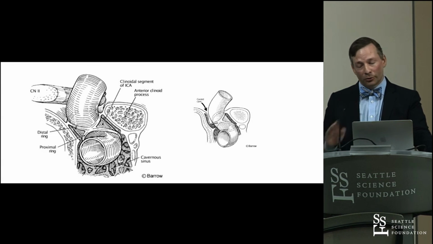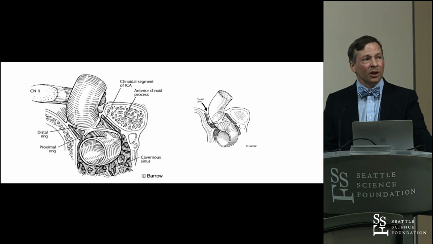And if you then go through that connection, you may start to see tributaries going into the cavernous sinus, especially from some of the peri-ICA venous tributaries. And then the proximal ring is more deeply located.